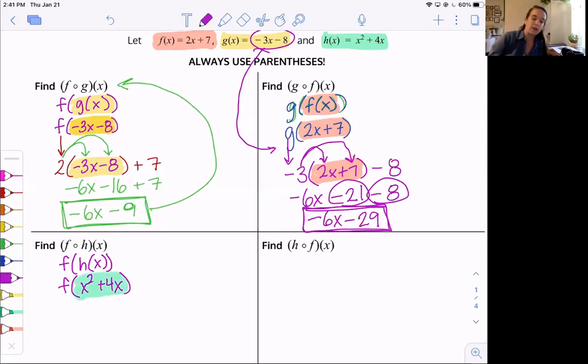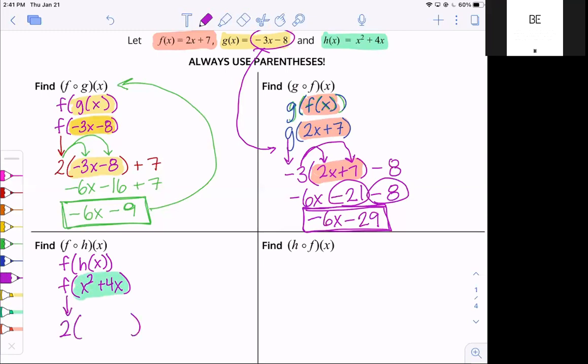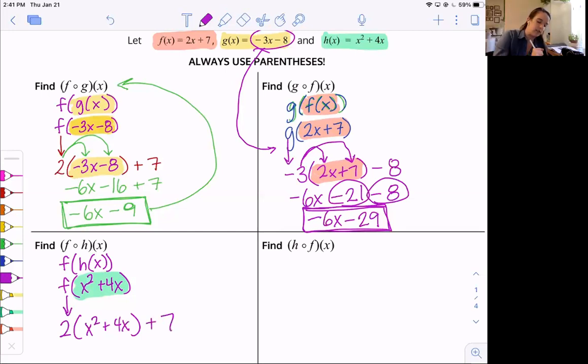And what function are we going to put it into? f of x, which is 2 times the x squared plus 4x, in parentheses, plus 7.